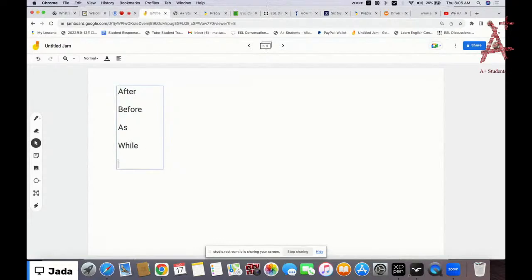All these are subordinating conjunctions and they are used for dependent clauses. You can write them in your book if you need to. If you want to take a picture, just so that you always remember them, you can also take a picture.